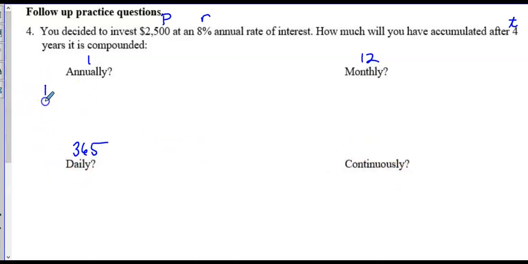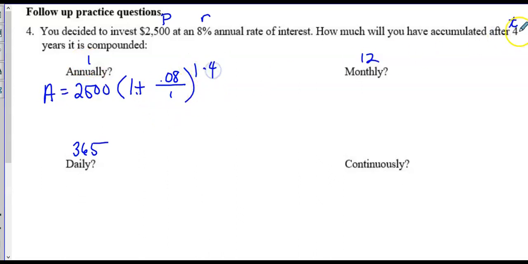So let's fill these in. Amount equals 2,500, and then we have 1 plus 0.08, and this one is divided by 1, and this is 1 times 4. That's the T. Monthly.